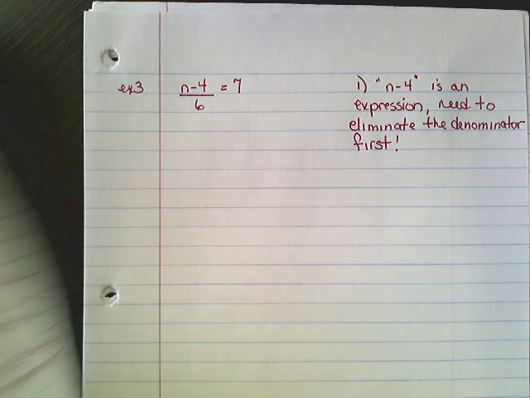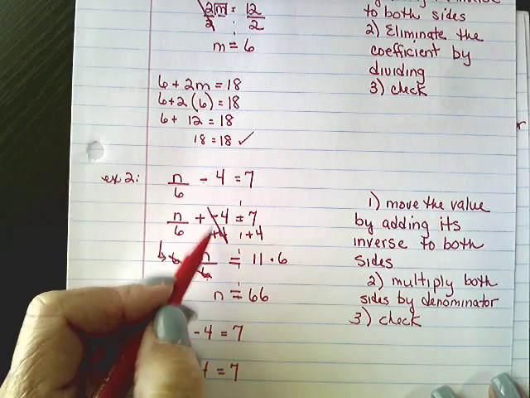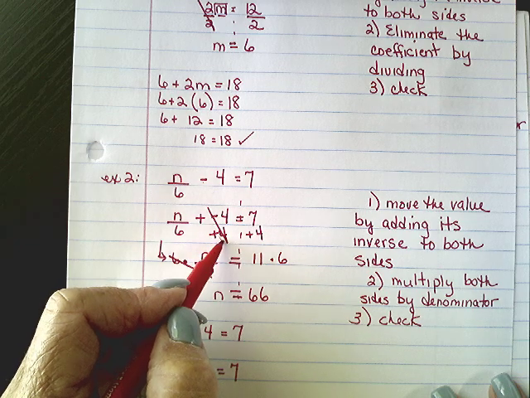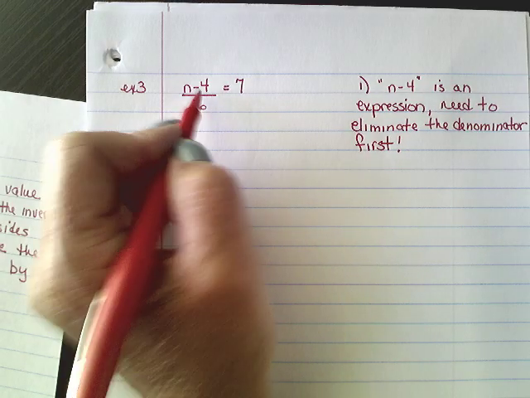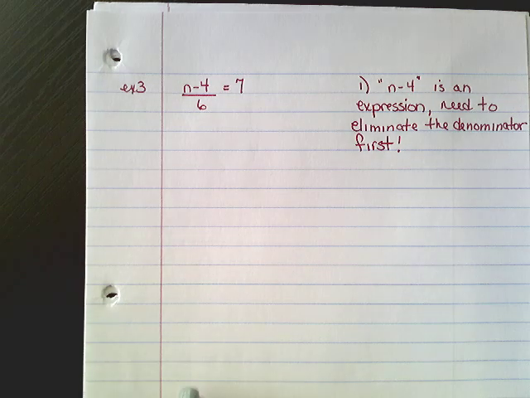All right, so in the other problem, we moved that -4 by adding its opposite. But since n minus 4 is part of an expression now, then you need to eliminate the denominator first.